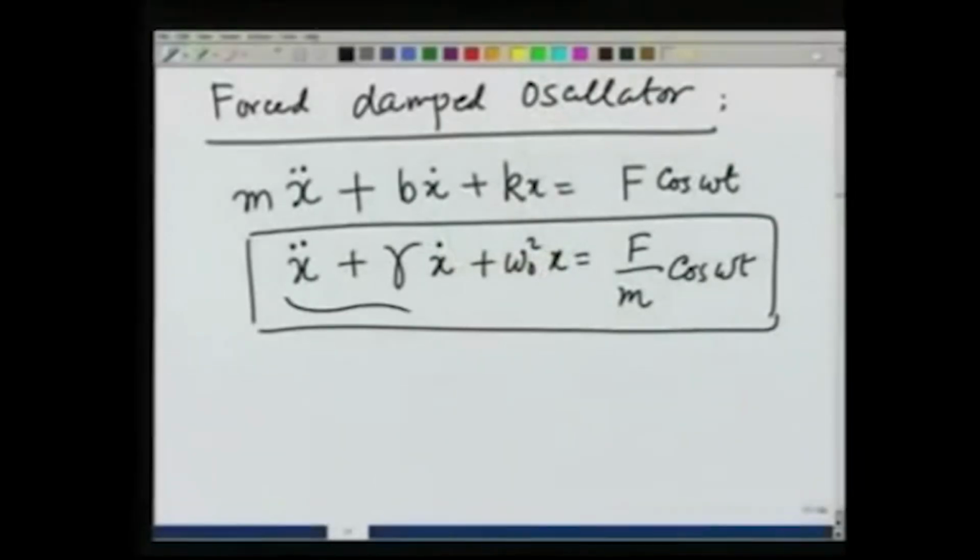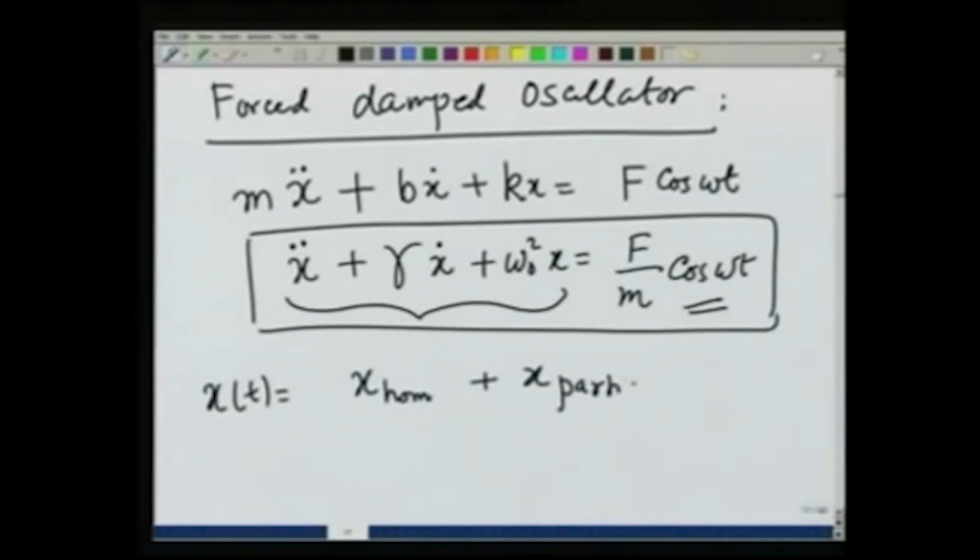Again, as in the case of free oscillator, I would have the general solution as the sum of the homogeneous part solution and a particular solution. So, I am going to have x(t) equal to x homogeneous plus x particular, where the particular solution belongs to what force I am applying and the homogeneous solution has those two independent constants.